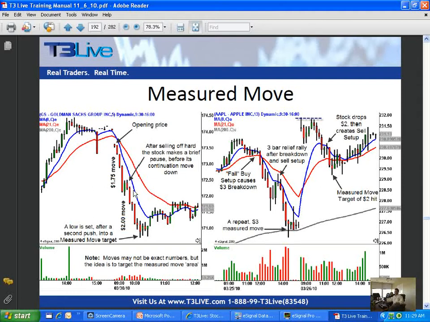You see a sell setup when this red bar right here takes out the prior bar's low. You get involved in the short side, and you have another $1.75 move down to the lows right here. A low is set after a second push into a measured move target. The measured move is basically the opening range breakdown, the $1.75 breakdown.